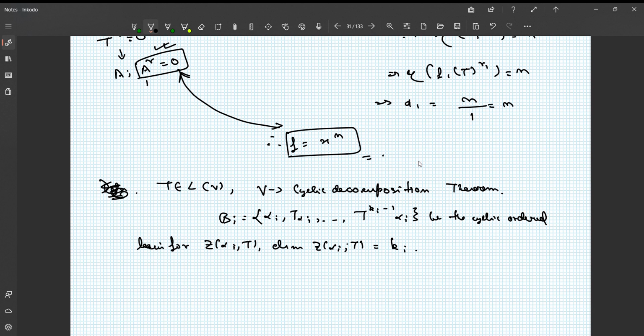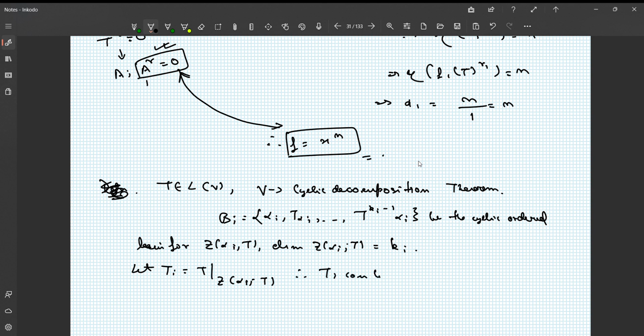Now we know in the case of a cyclic subspace, if I restrict T to this, let Ti be the restriction of T to Z(alpha i; T). Then Ti has a cyclic vector, so Ti can be represented as the companion matrix for the minimal polynomial of Ti, which is pi precisely.